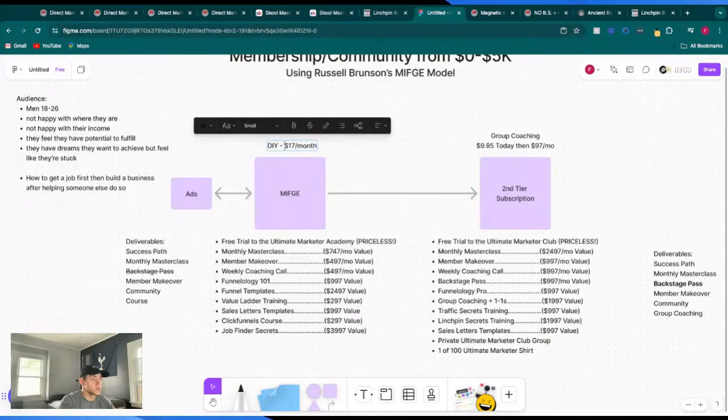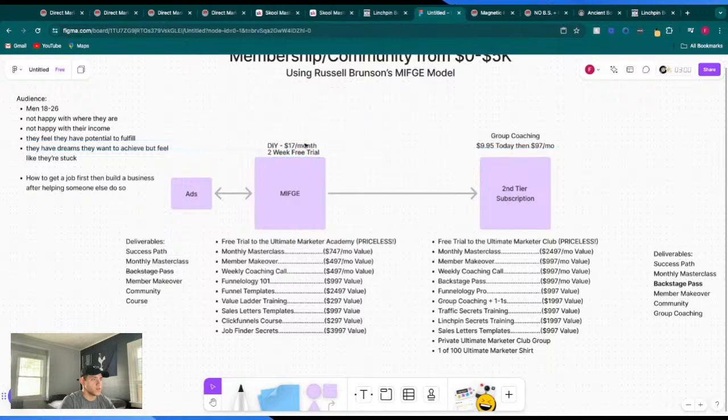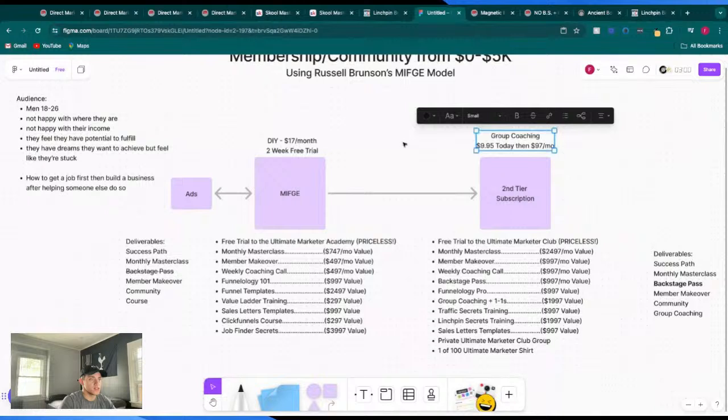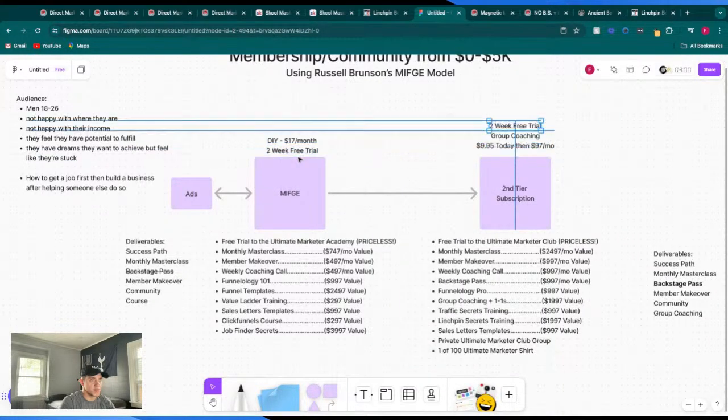Let's just do some text again. I think this will be a 2-week free trial for 14 days. And then I'll do 30 days on this bad boy, because it's bigger.